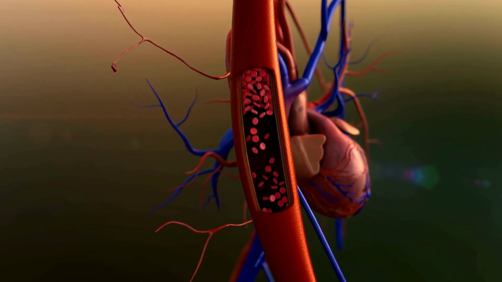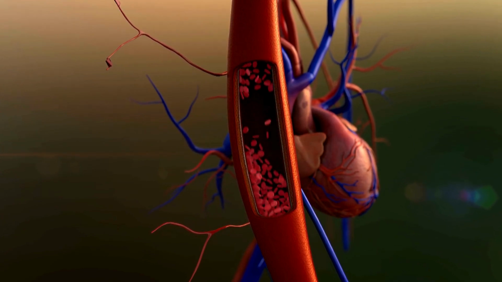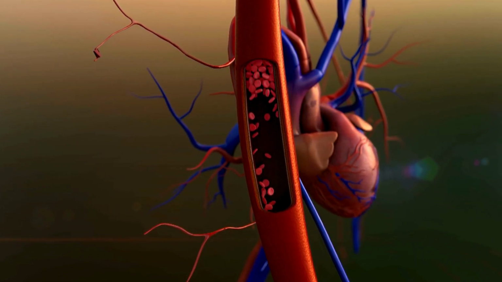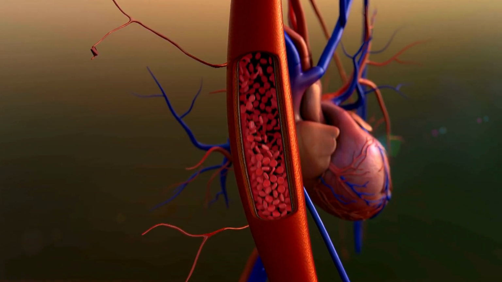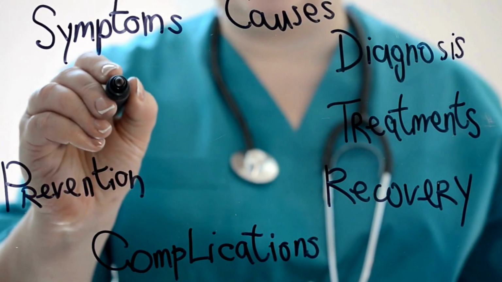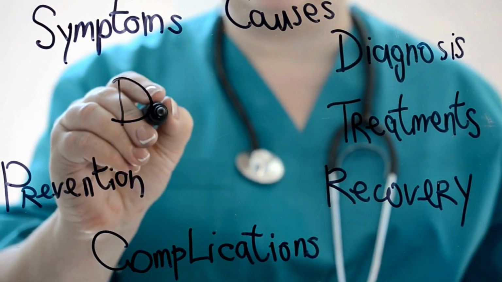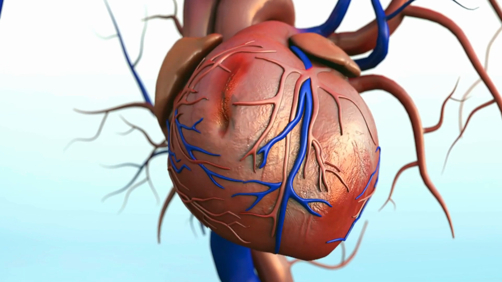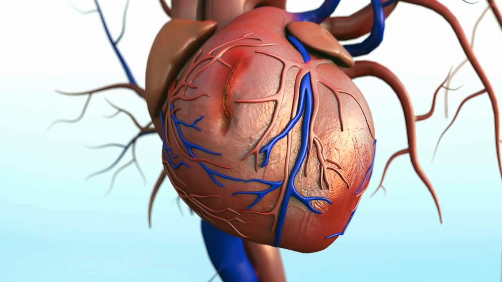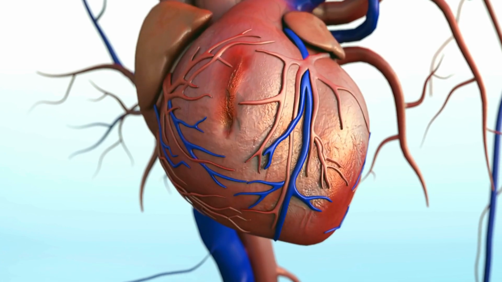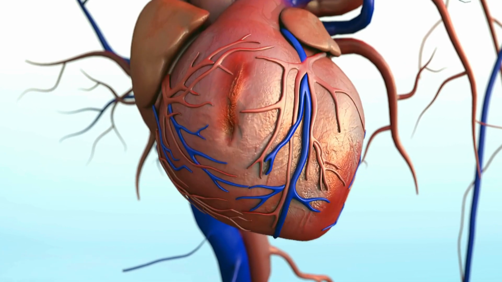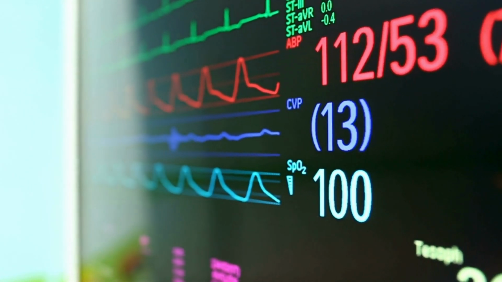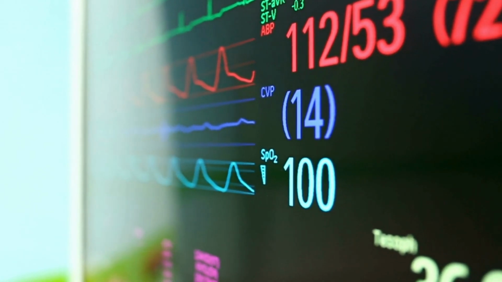Hypertension stage 1 includes systolic blood pressure within 130 to 139 and diastolic blood pressure 80 to 89. And the last stage is hypertension stage 2, in which systolic blood pressure is greater than 140 and diastolic blood pressure greater than or equal to 90.